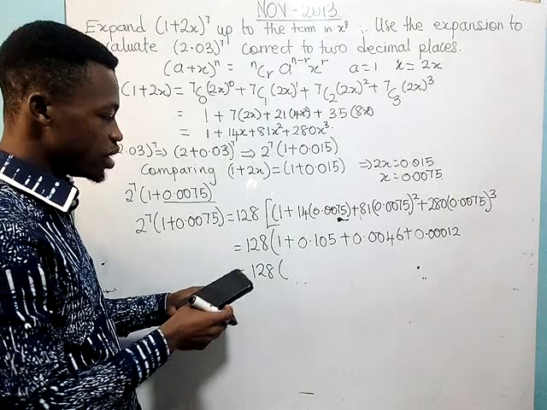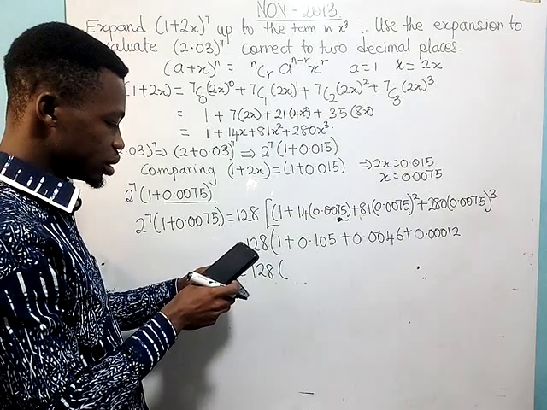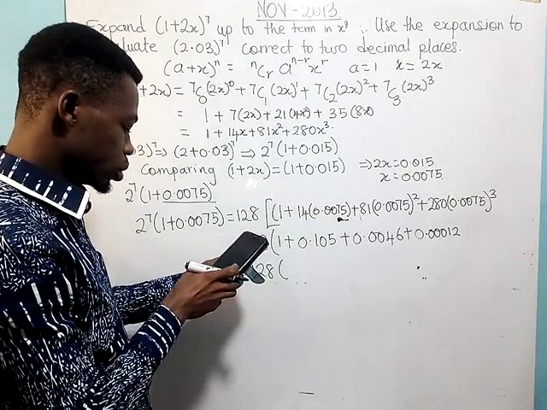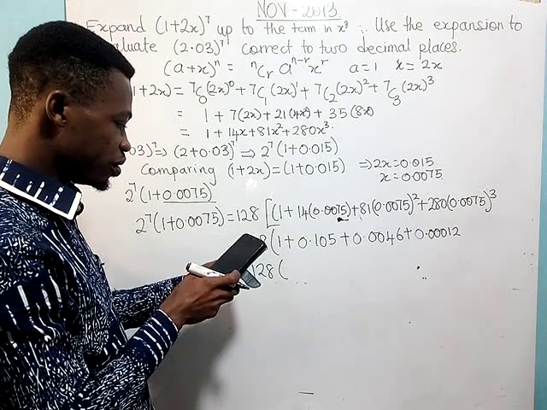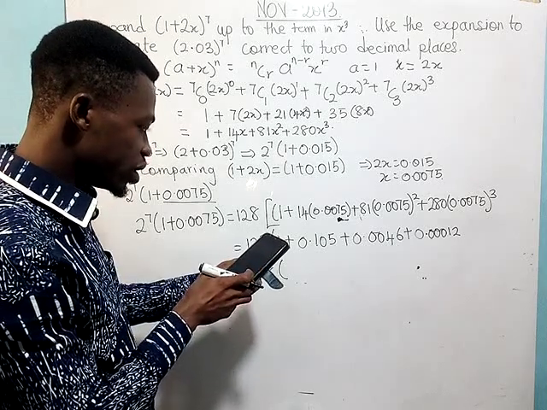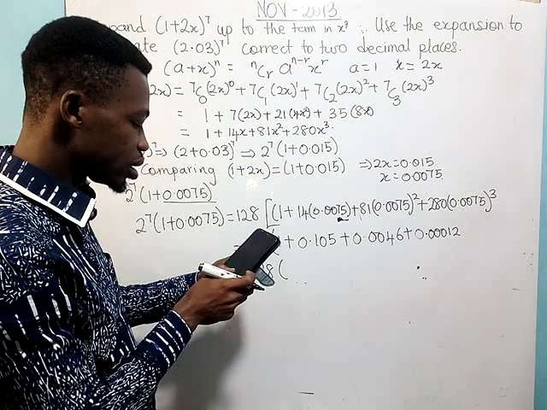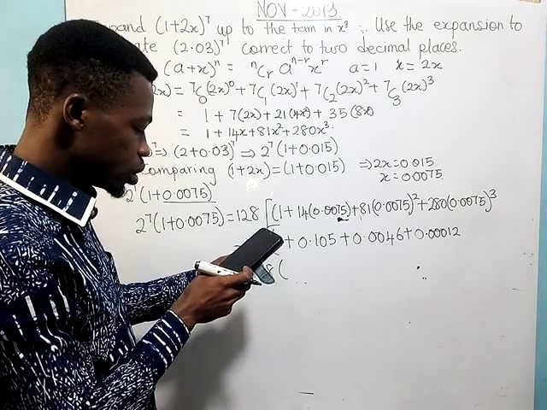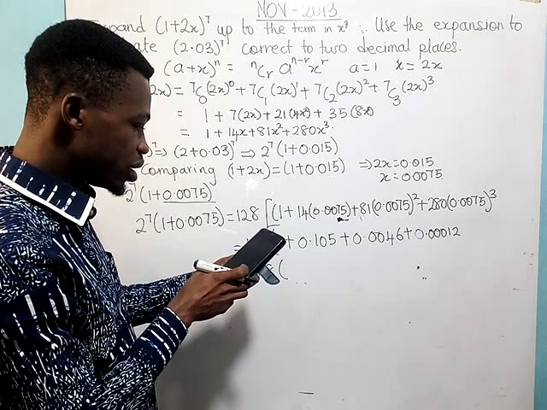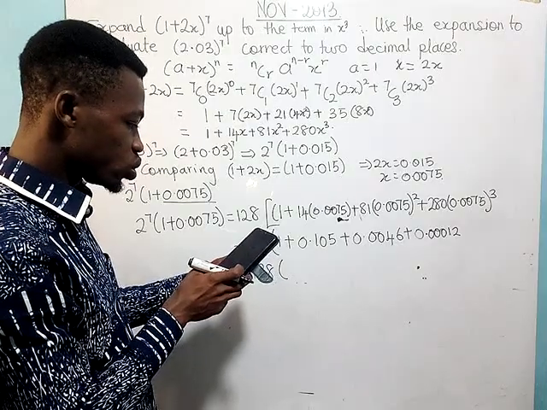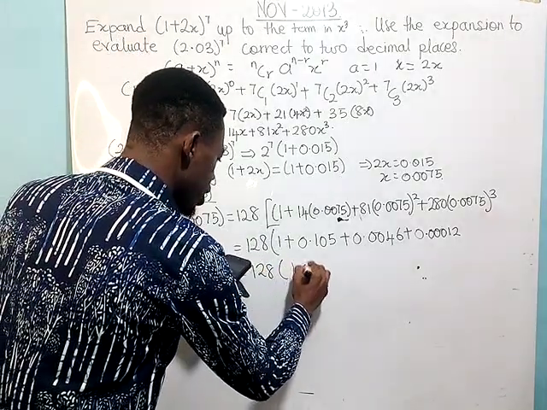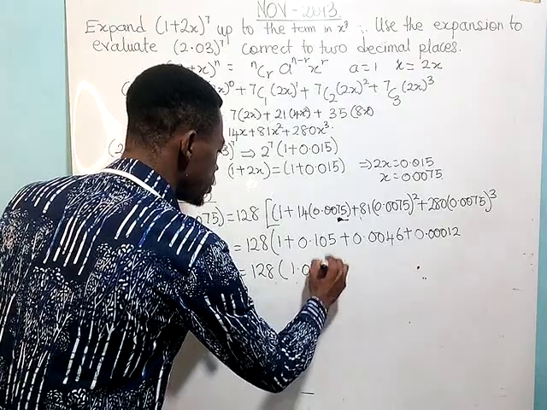Let's sum up what we have. 1 plus 0.105 plus 0.0046 plus 0.0012, which is 1.015.